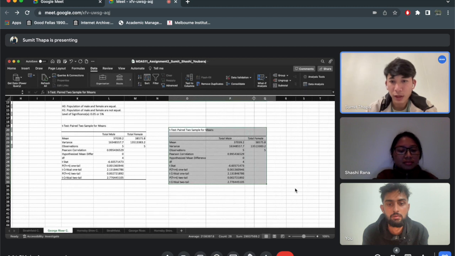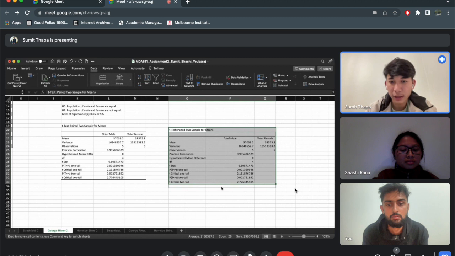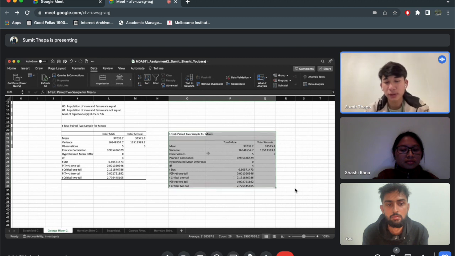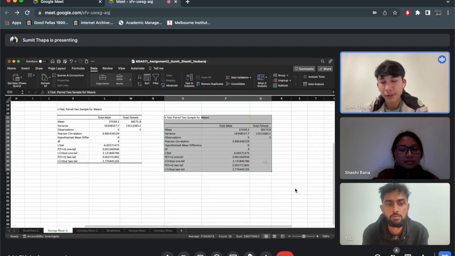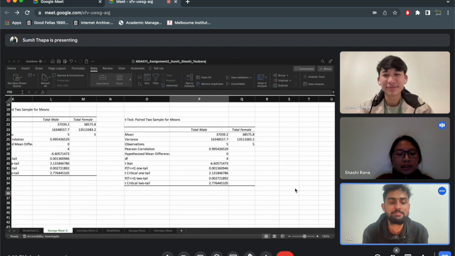Our friend Shashi Rana will describe the outcome of this result. We calculated the mean, variance, observations, degrees of freedom, and p-value.